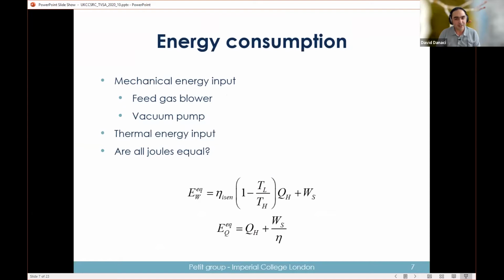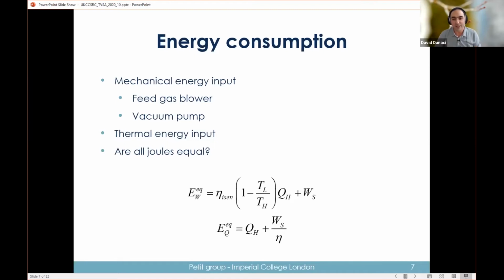For TSA especially, the calculation of energy consumption is a factor to consider, because we have both a mechanical energy input from the feed gas blower or compressor and the vacuum pumps if you're employing vacuum, and also the thermal energy input to the bed for the regeneration.